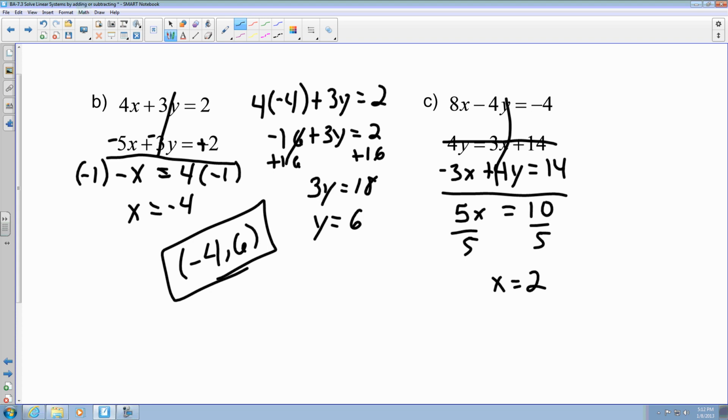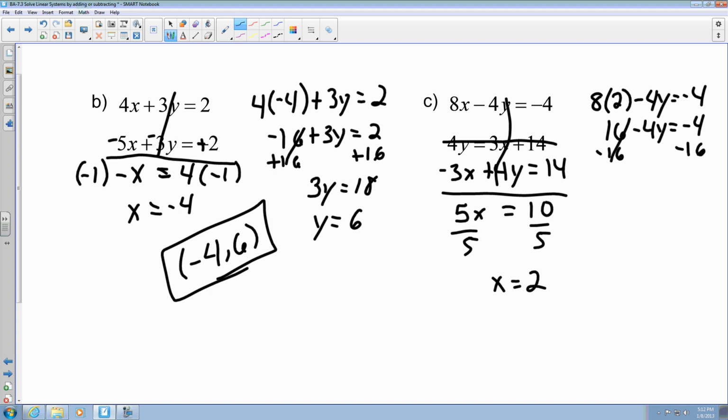Now it's just a matter of me substituting in that 2 into either one of these original equations to find what y is going to be. So I'm going to use the top one. I'm going to put 8 times 2 minus 4y equals negative 4. Got 16 minus 4y equals negative 4. Minus 16 to both sides.